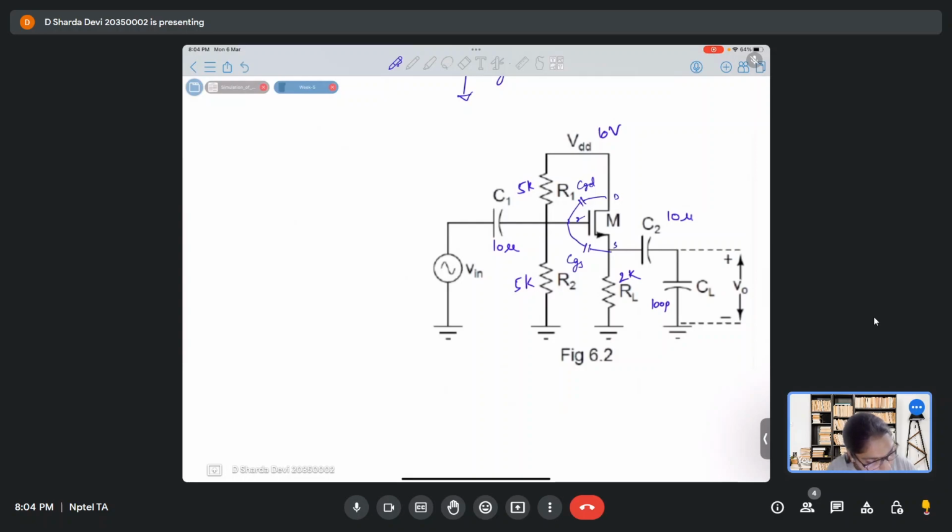And source and body are always shorted, so there won't be anything called source-body capacitance, but there will be this capacitance called CDB, that is drain and body, right? Because drain and body are at different potentials and body is connected to source.